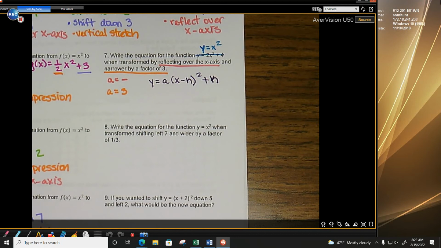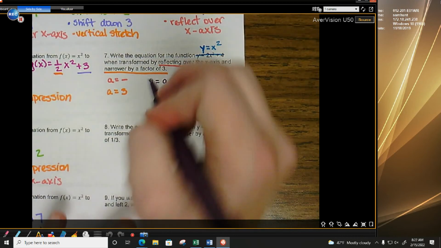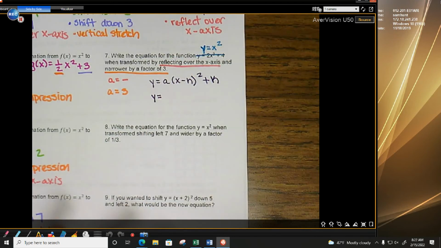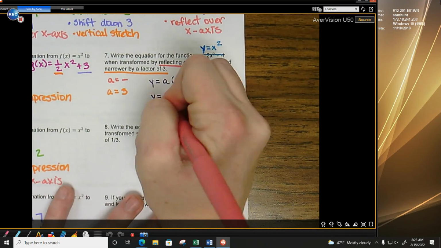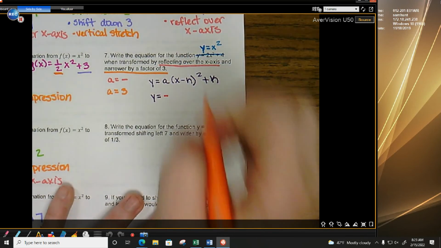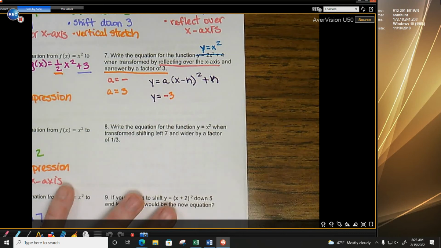Negative, because it reflects, and 3 because it got narrower. Does it say anything about a different h or a different k? No. So do I need the parentheses if there's no h? No, just x squared. Do I need a constant out to the side if there's no k? No. There's my answer.